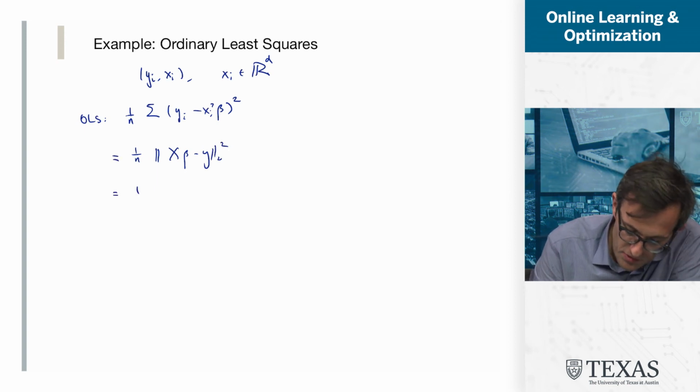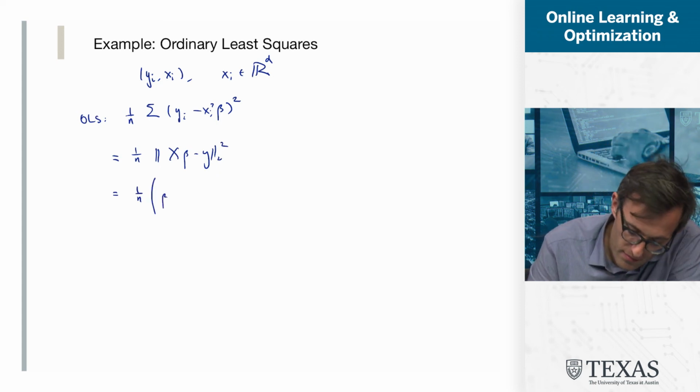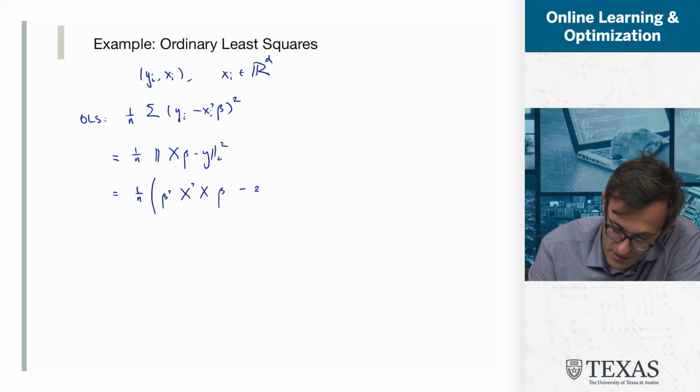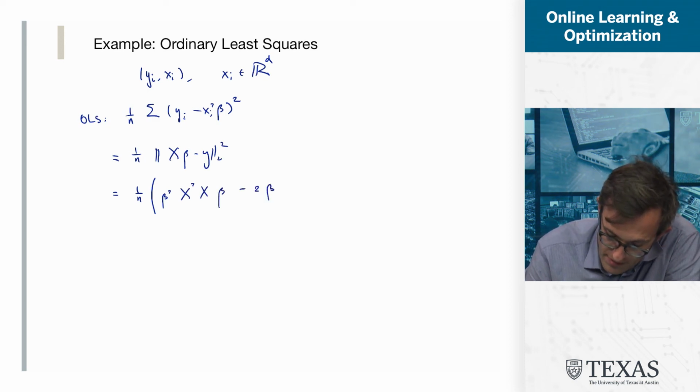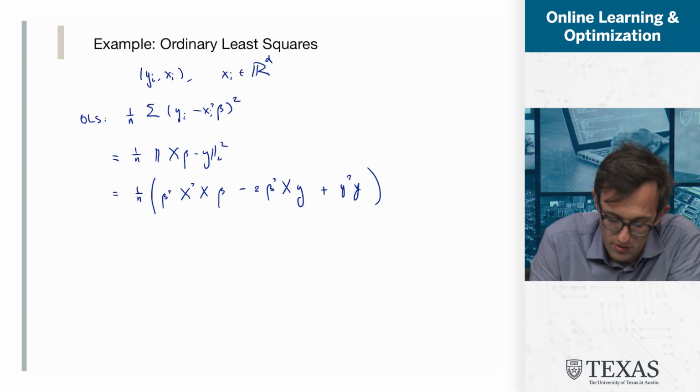This is also equal to 1 over n, if I expand out this Euclidean norm, beta transpose x transpose x beta minus 2 beta transpose x transpose y plus y transpose y. Take the derivative, set it equal to 0.